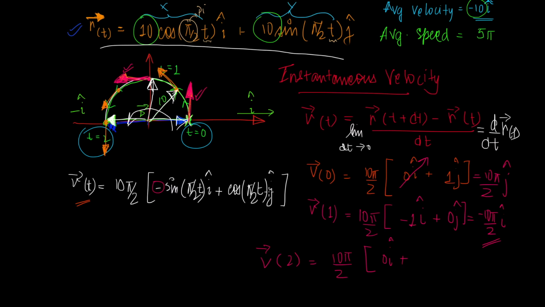Pi by 2 times 2 is pi. So cosine of pi comes out to be negative 1, and that is in the j direction. So at t equal to 2 seconds, the velocity points in the negative y direction because of the negative 10 pi by 2 j cap sign, which is also indeed taken care of from our diagram.